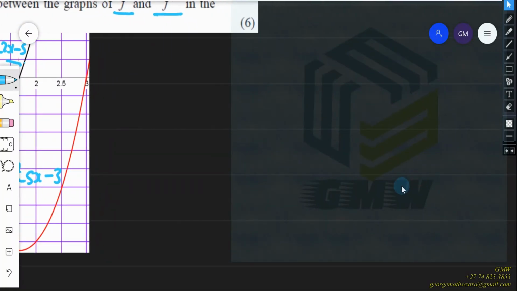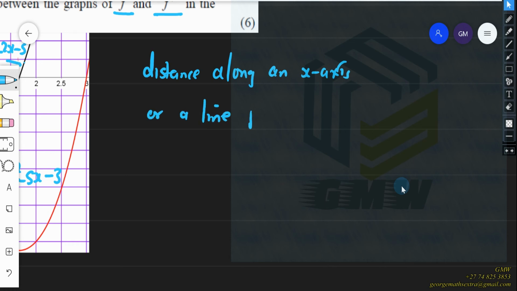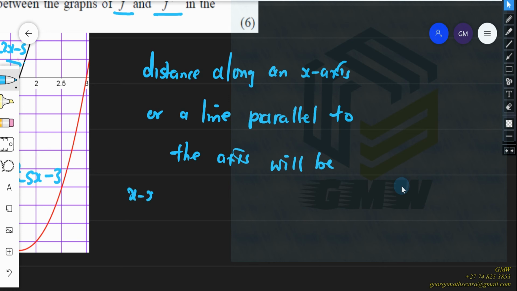To say distance along an axis or a line parallel to the axis will be, if it is along the x-axis, it will be x2 minus x1. If it is along the y-axis, it will simply be y2 minus y1.